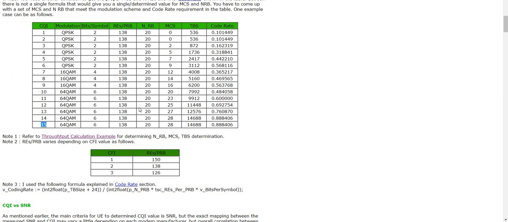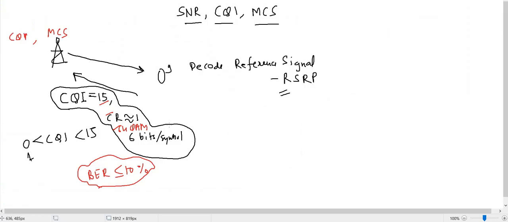So on the basis of this, in our case CQI 15 is used. Let's say we are working with an Ericsson network. In that case, if CQI 15 is reported by UE, then MCS allocated by network or eNode B will be 28. Let's go back to our description.